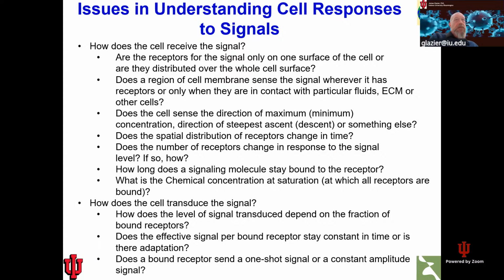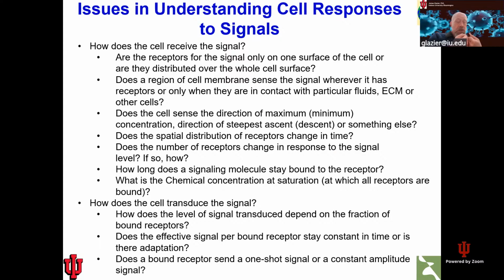And then, of course, how does the cell respond to those bound receptors? We're not modeling the receptors and their binding. In principle, we should actually model the kinetics of the binding and unbinding of every receptor and possibly internalization of each receptor, but that would be a very expensive simulation to do. So we tend to ignore that.